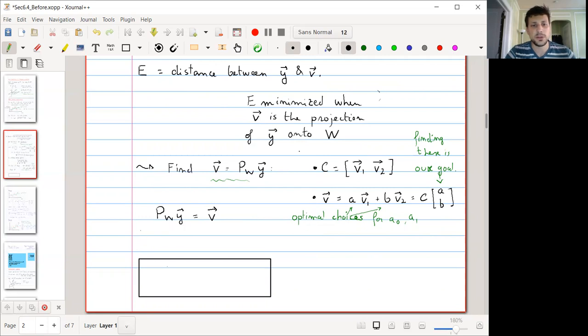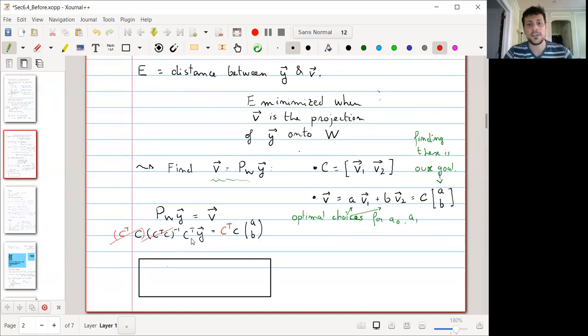P_W, we computed it last time, is C times C transpose C inverse times C transpose, and then multiplied by y. And we just said that v is C, we leave a little bit of space here, C times the vector (a, b), which is what we're after. Now, one thing that we can do is multiply both sides by C transpose here, so that then I have C transpose C inverse, so these go away.